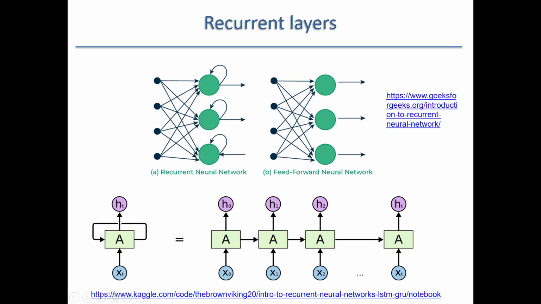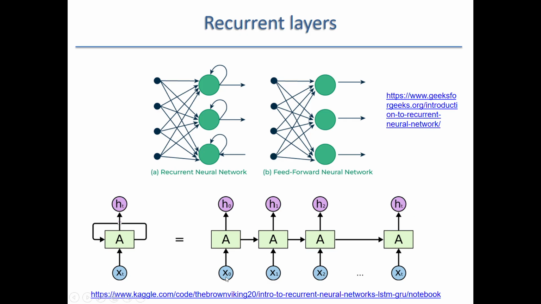It is also like this representation. You have a system, then you have an input to the system, and this system is producing an output that is called the hidden state, and somehow the system is affecting itself. In practice, what you do is you unwrap this system for a finite number of cycles.